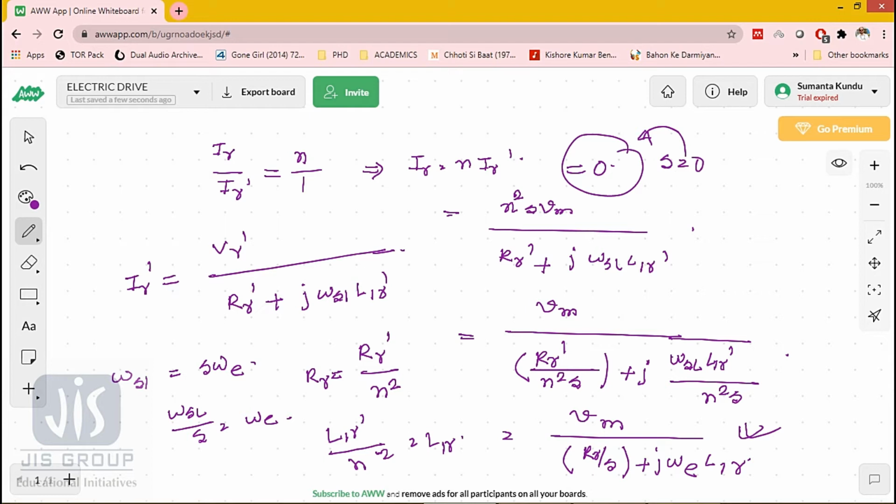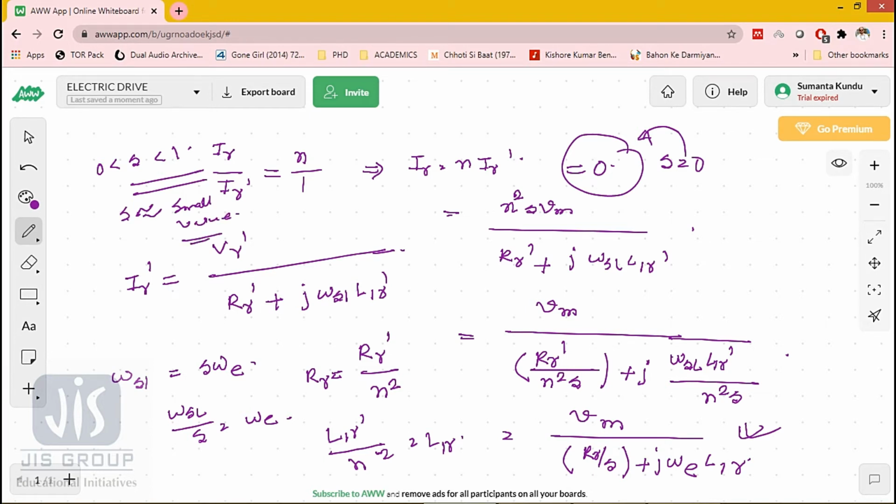At any subsynchronous speed, the slip value is in the range 0 less than S less than 1. In this range between 0 and 1, S has a very small value.